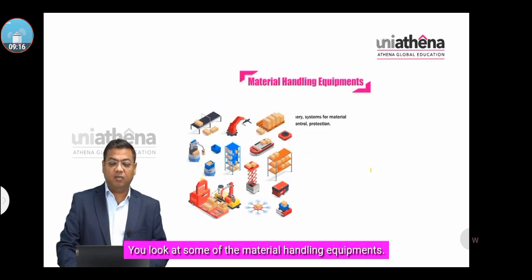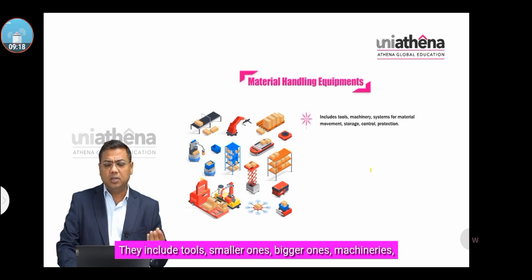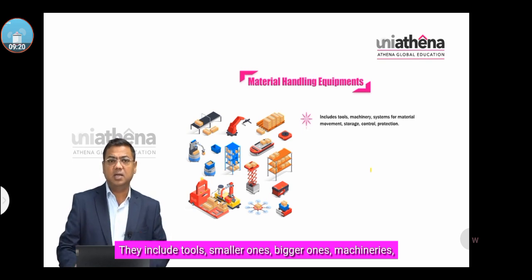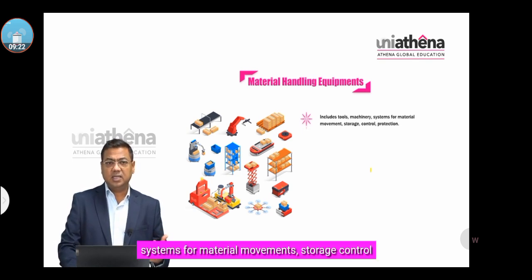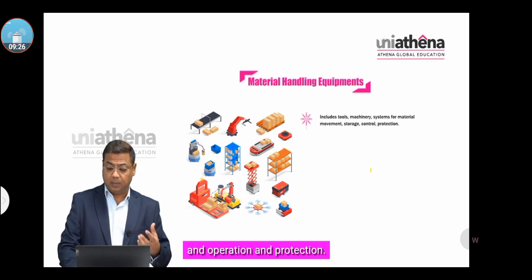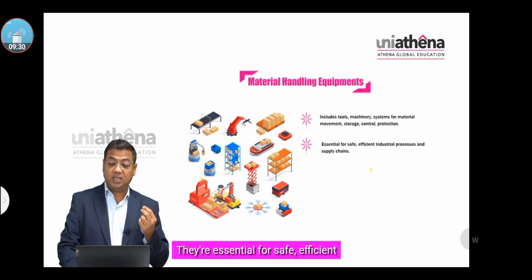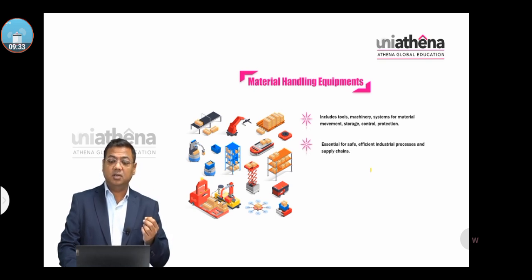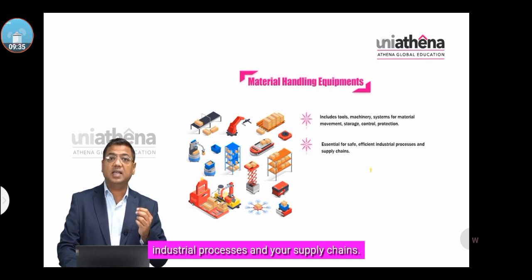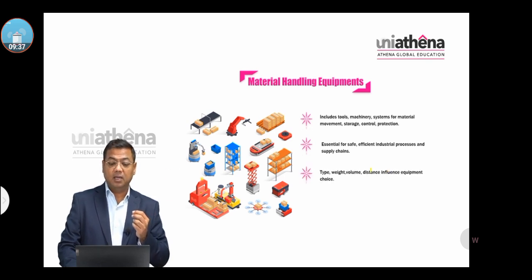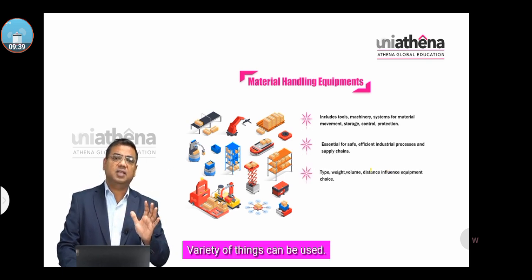Look at some of the material handling equipment. They include tools, smaller ones, bigger ones, machinery, systems for material movement, storage, control, and operation and protection. They are essential for safe, efficient industrial processes and your supply chains. A variety of things can be used.